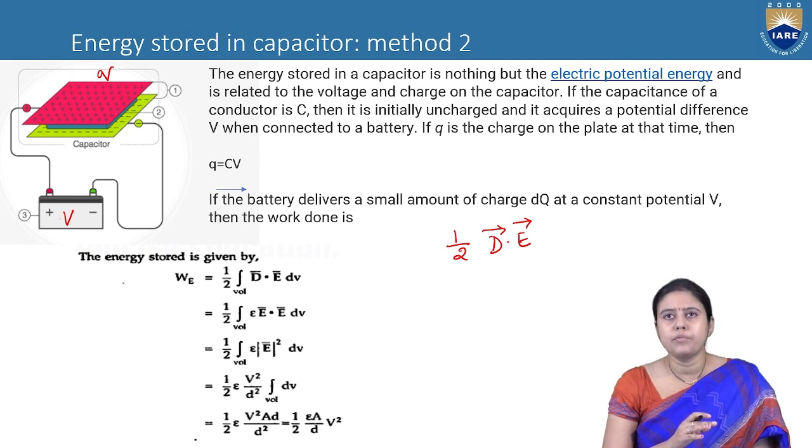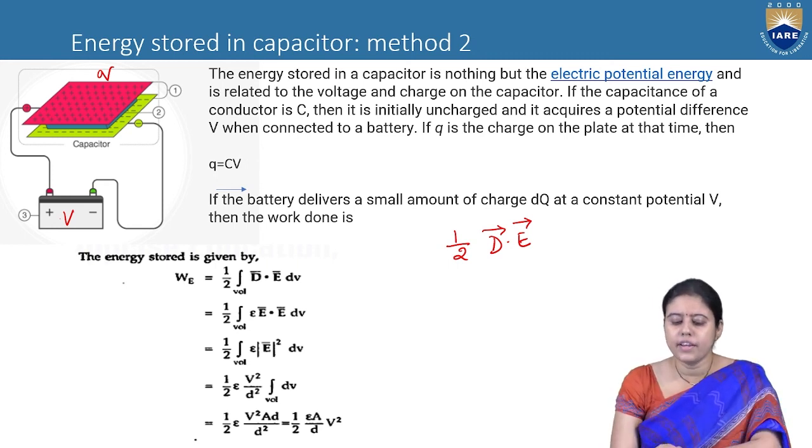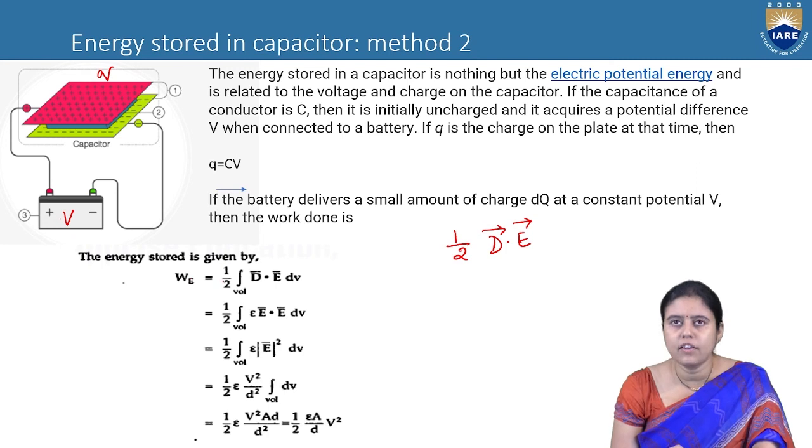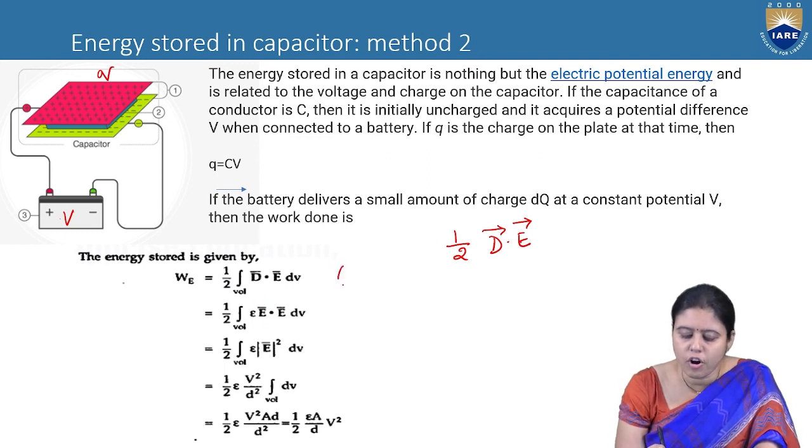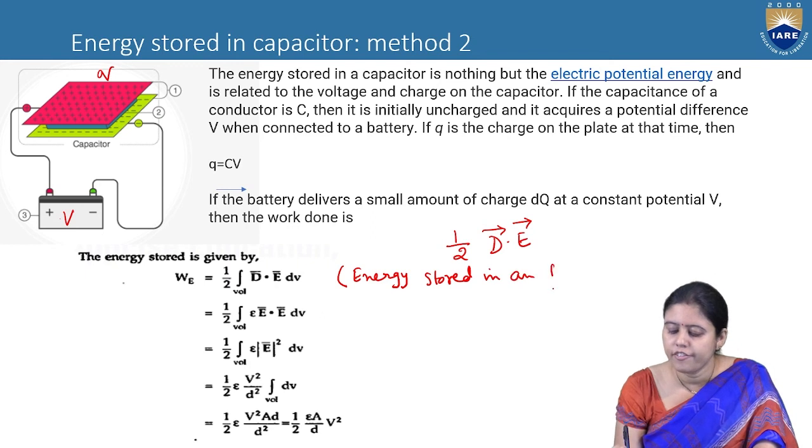And if we substitute this, we will get work done is equal to half integration through the volume of D dot E dV. What is D? D is equal to epsilon E. We got it from the energy stored in a field.